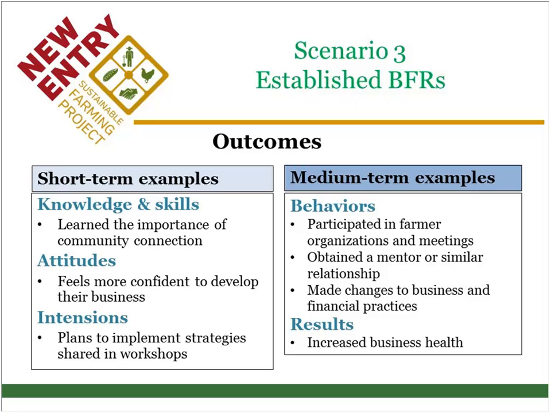So some medium-term outcomes you might want is that farmers participate in other farmer organizations and meetings. They obtain a mentor or develop similar relationships, or they've made changes to their business and financial practices. And one result this type of inclusive program might want is an increased business health.